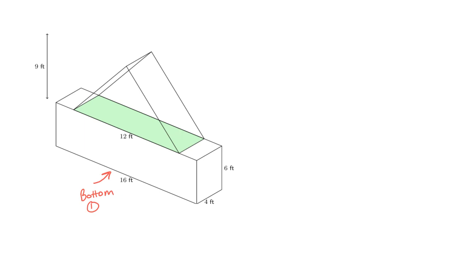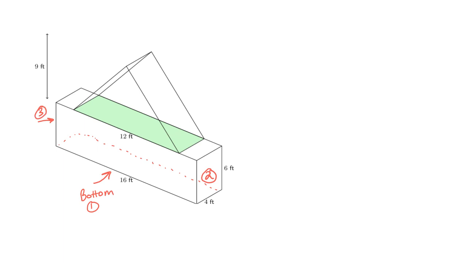The bottom of this shape is also a rectangle, and so the equation I'm going to use is the area for a rectangle. Then I have two sides, number 2 here and number 3 here.